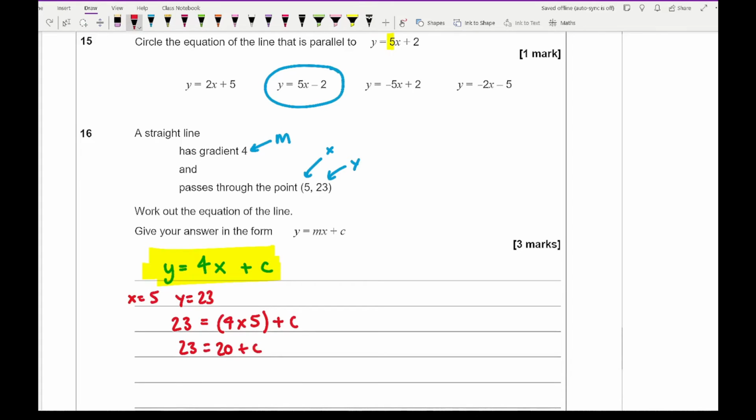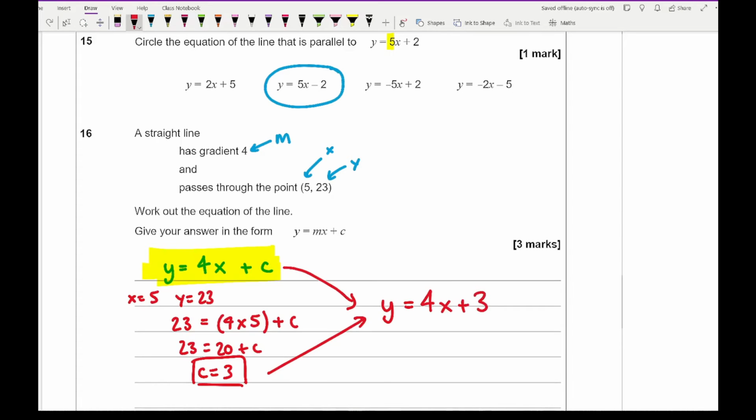And 20 plus what gives you 23, so c equals 3. So then joining these two things together, we get our equation of y equals 4x. And instead of writing c, we know that c equals 3. So it's going to be positive 3. And there is my answer.